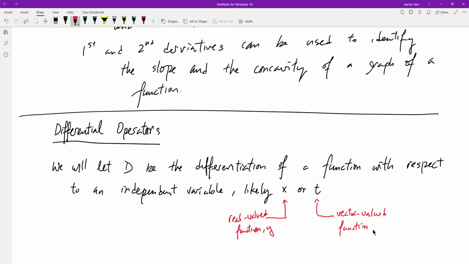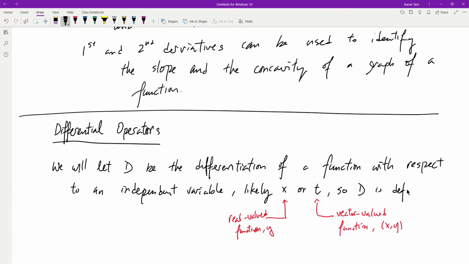We usually use t when we have a vector valued function, and most likely in this case we talk about x, y, and then we use t as the independent variable. Because remember from what we learned last year, when we have a vector valued function, we interpret our function as parametric, so we use t as the parameter. But if it's real valued, then we expect it to be an explicit function, so we use x and y as the input and the output.